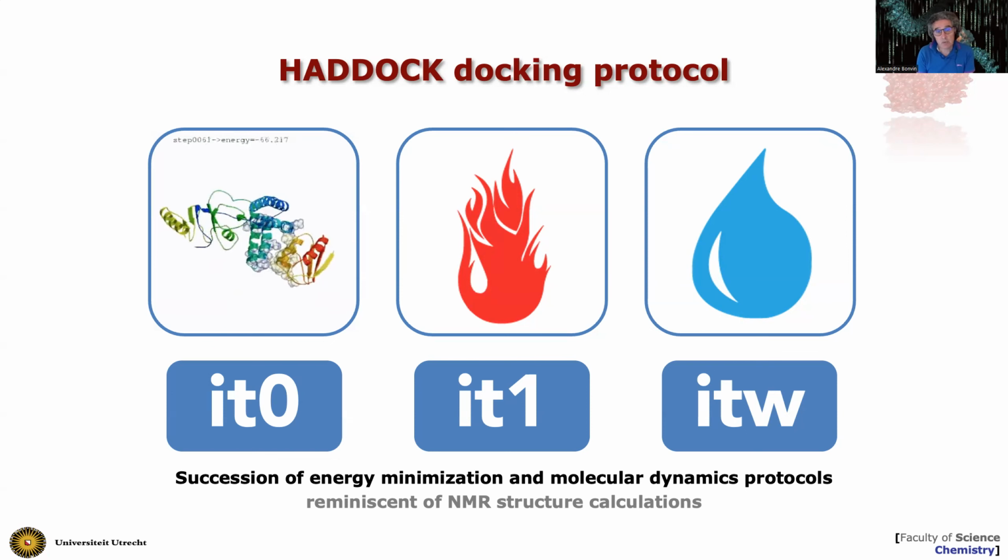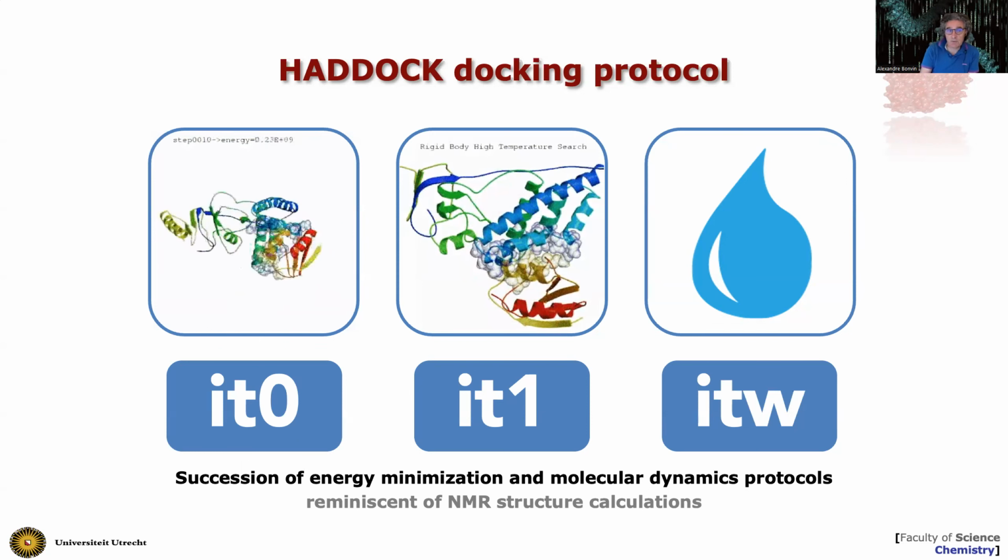And then we need to go to the next stage, which is to optimize those interfaces, because at this stage the molecules are rigid, so there are no conformational changes. But proteins are dynamical, and dynamics is often an important part of their function, also in terms of molecular recognition. So the second phase in ad hoc is to take a few hundred of the models that we generated by rigid body docking, and then start optimizing the interface between the molecules.